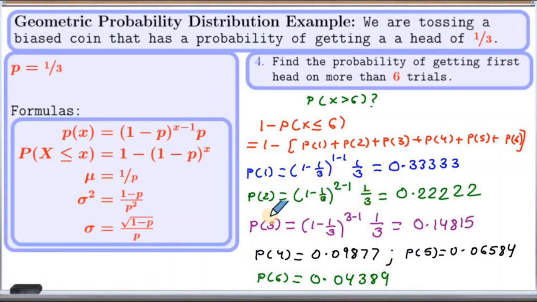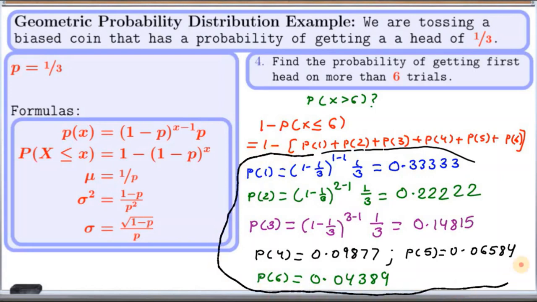Now we can add all these probabilities, that is probability of 1, 2, 3, 4, 5, 6. When we add these probabilities here, we get 0.9122.